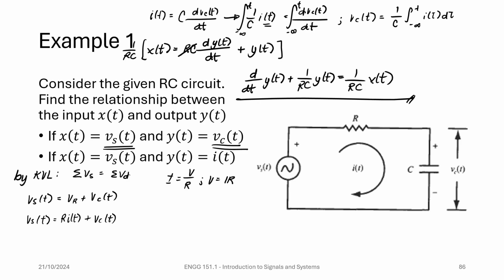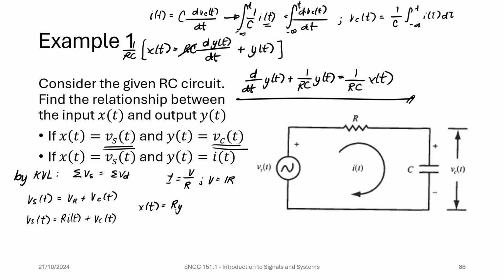This is the relationship of Vc of t in terms of I of t that I will use. So let's substitute. Vs of t is x of t, and our I of t is y of t.